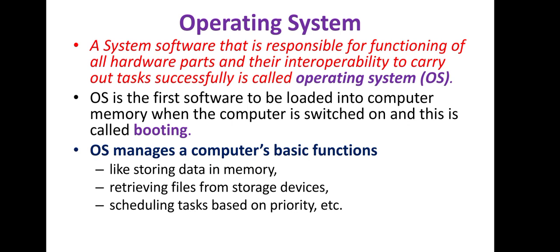If you connect your CPU to a speaker or a display unit like a projector, or to a mobile or a camera, it has to function. All these operations are possible if you provide a system software.